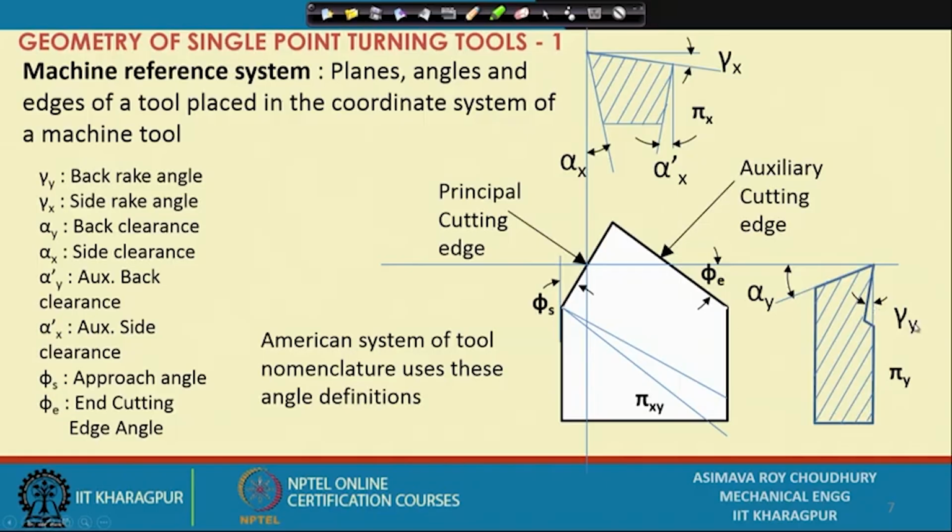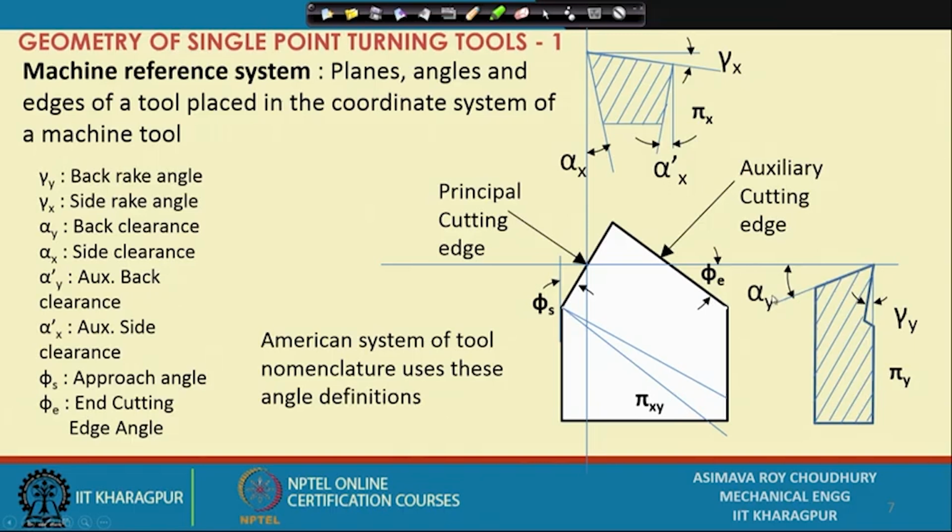Gamma y is defined as the back rake angle, which is the angle between the rake surface and reference plane in the pi y plane. So, this formally defines the back rake. Now that we have defined back rake, we can define other angles very easily.